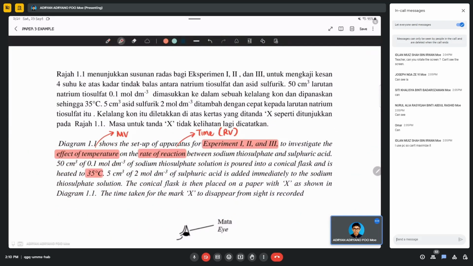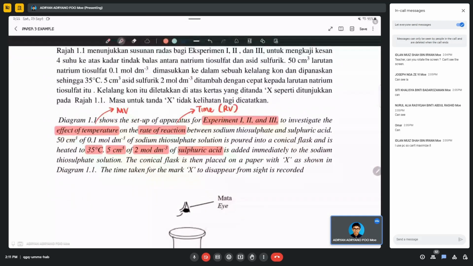And then, read the question. 5 cm³ of 2 mol per dm³ of sulfuric acid is added, okay, immediately to the sodium thiosulfate solution. The conical flask is then placed on the paper with X as shown in diagram 1.1. The time taken for the X mark to disappear is recorded.